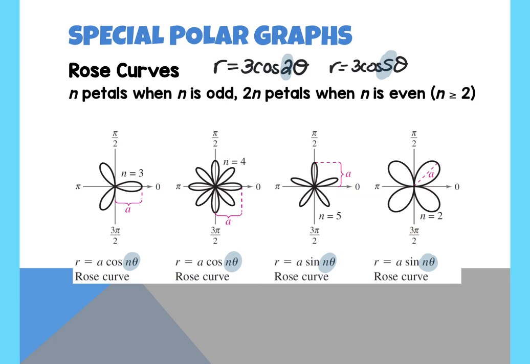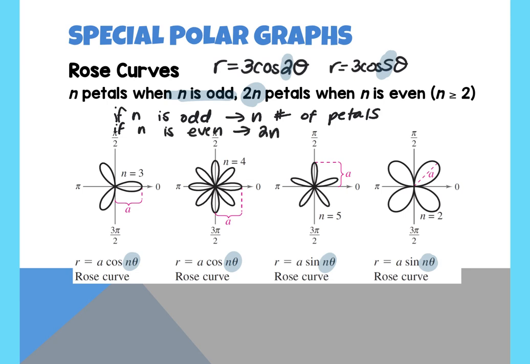So if n is odd, there are n petals. If n is even, then you double it: there are 2n petals.